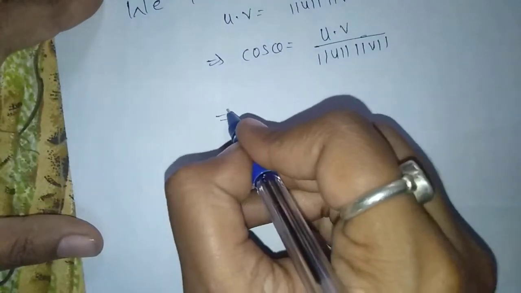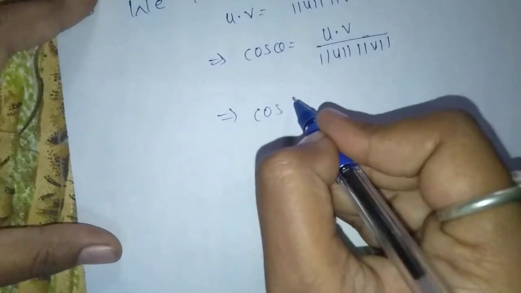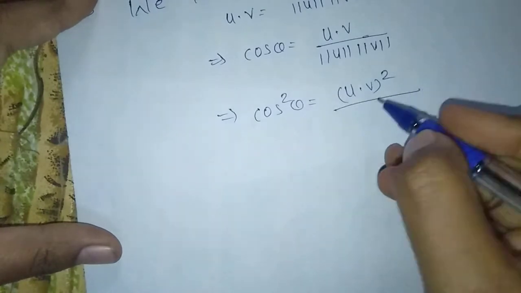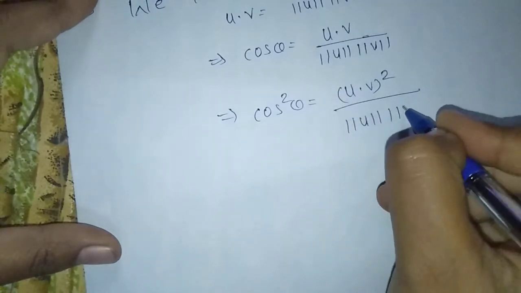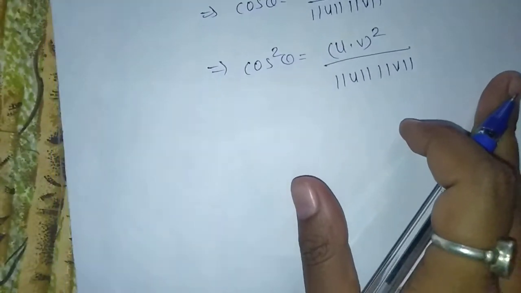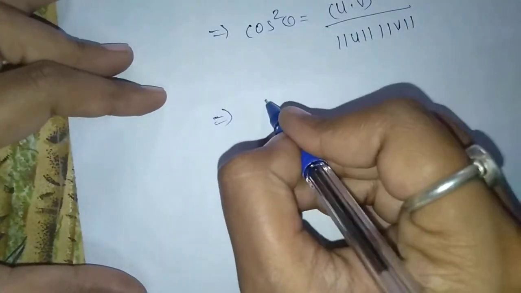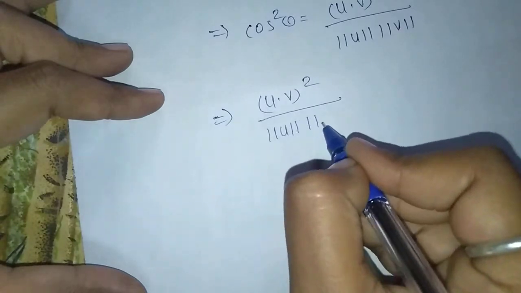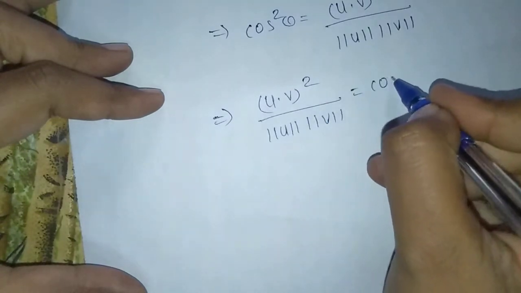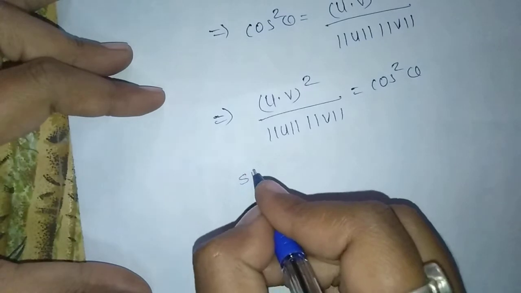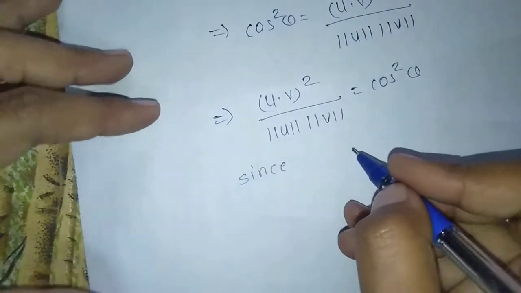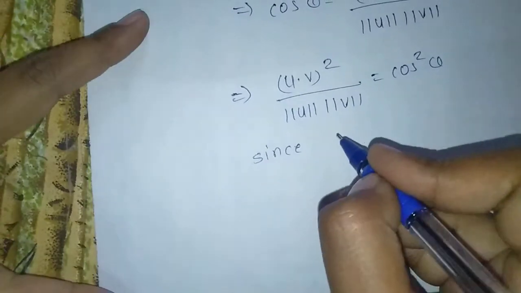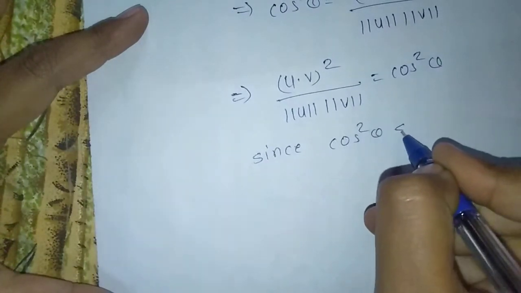Now take the square on both sides, we get cos square theta is equal to U dot V whole square upon norm U square norm V square, which implies U dot V whole square upon norm U square norm V square is equal to cos square theta. Since we know that the value of cos theta is between 0 and 1, cos square theta is less than or equal to 1.